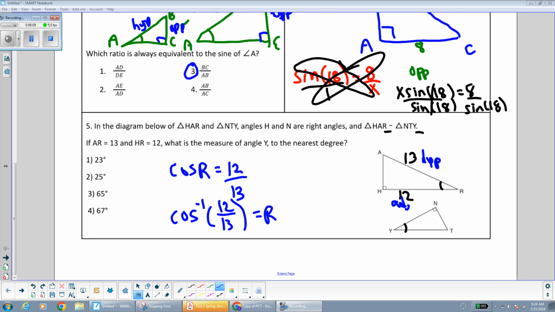And when I type this into my calculator to the nearest degree, I get approximately 23 degrees. Remember, if angle R is 23 degrees, angle Y is also 23 degrees because they're corresponding angles of the two similar triangles, which are congruent.